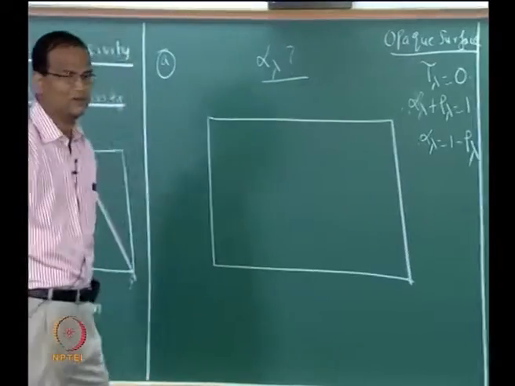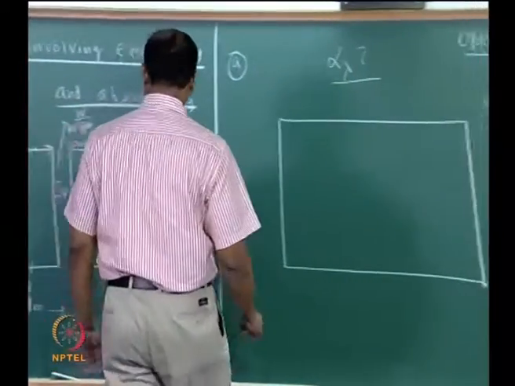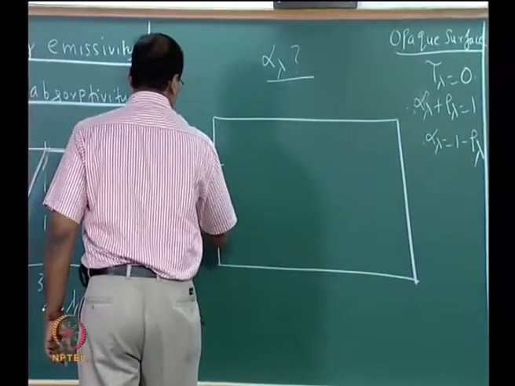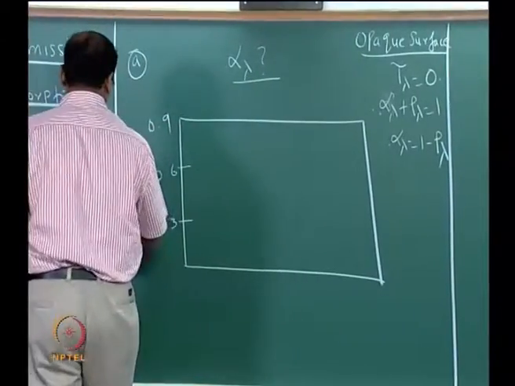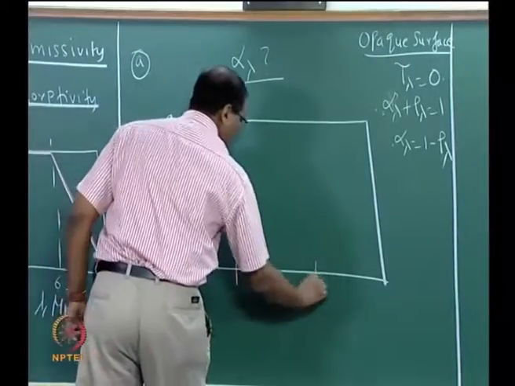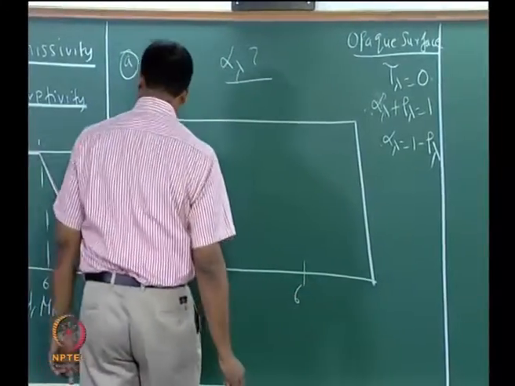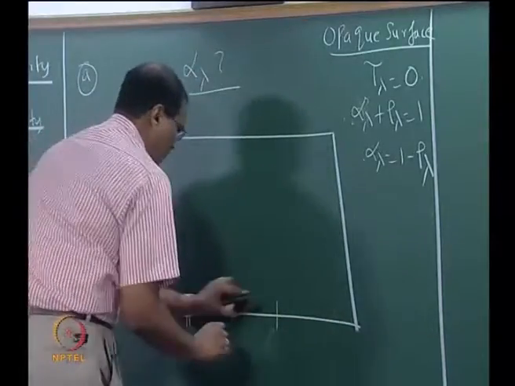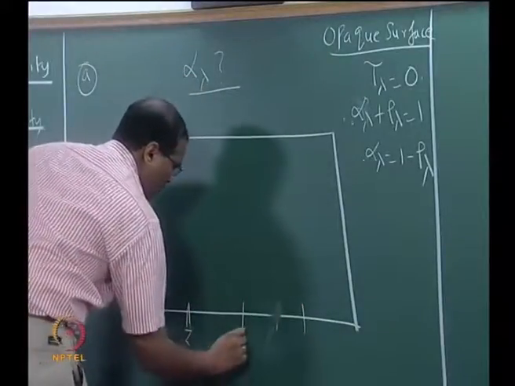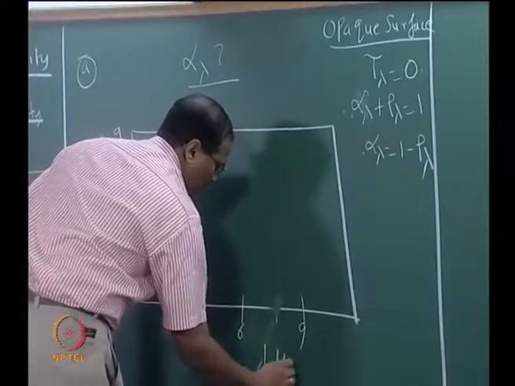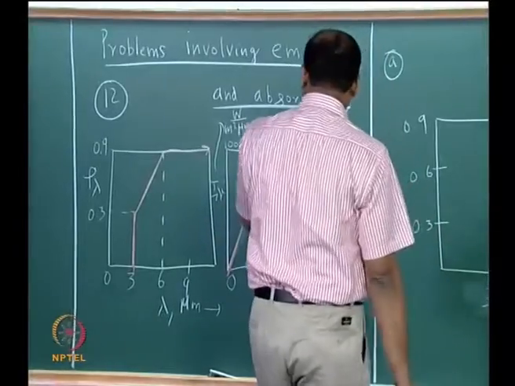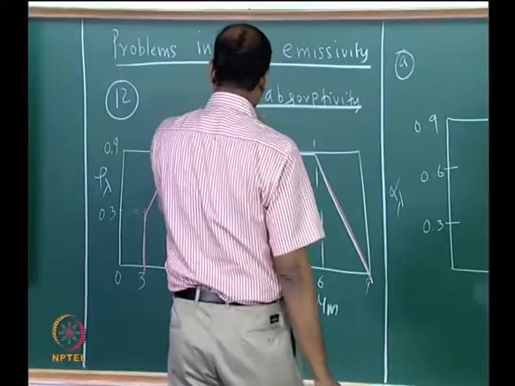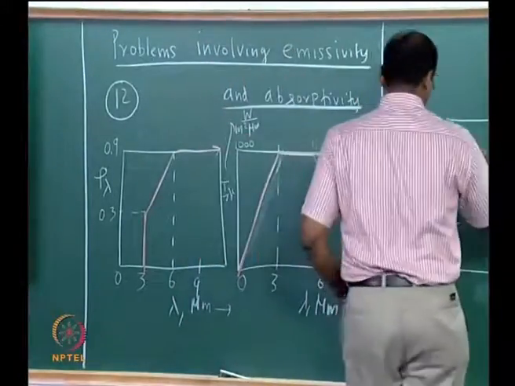It is just the mirror image of this. Okay. So, 0 to 3, correct, no?